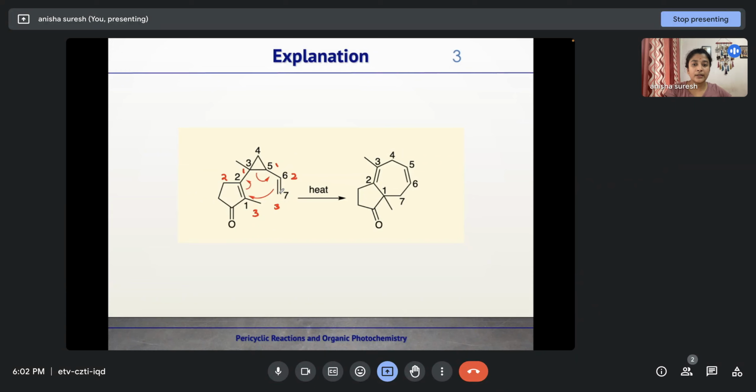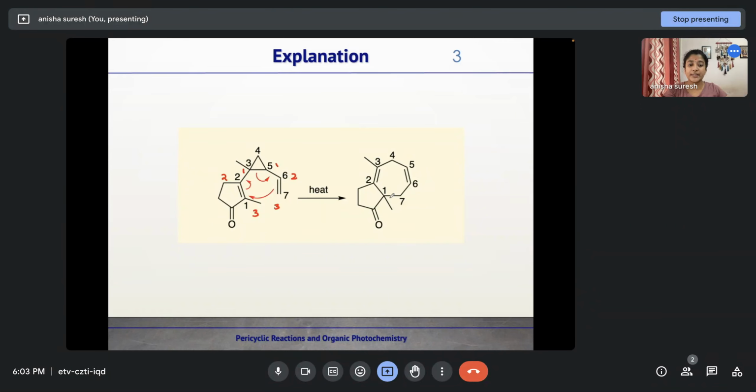This double bond will attack here, this bond will shift here, and this bond will break and shift here, leading to the opening of the strained cyclopropane ring and formation of a 7-membered ring. So this is the product that we are getting in this reaction.